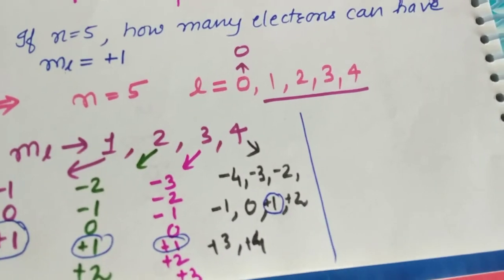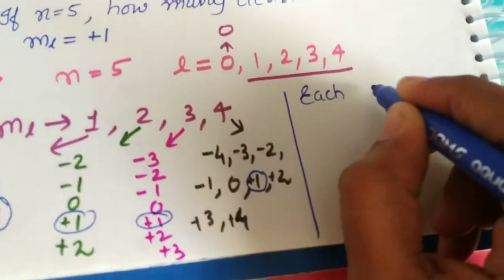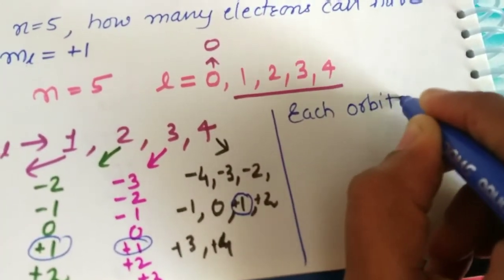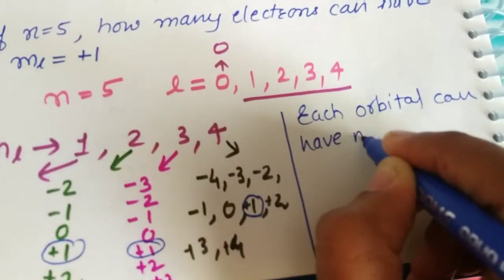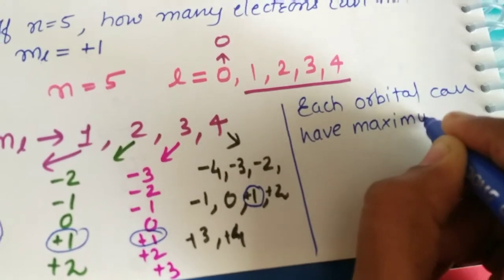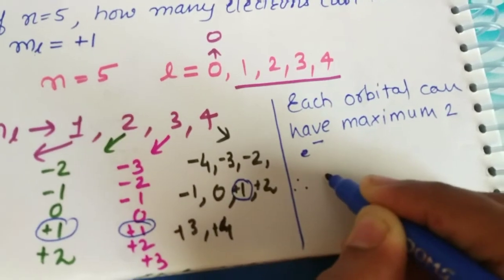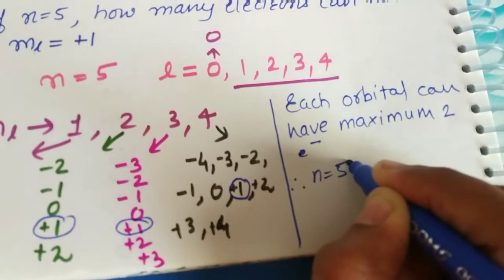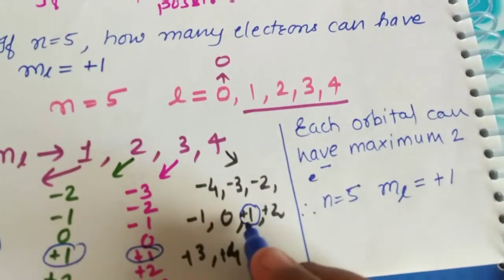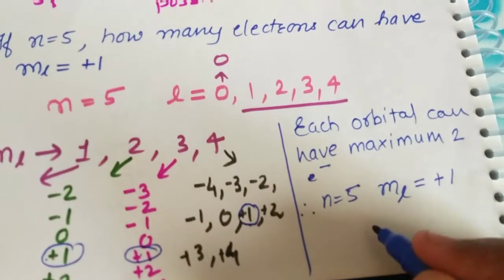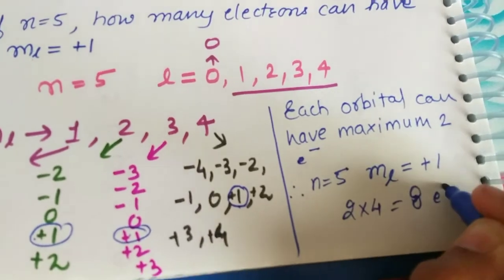As we know that each orbital can have maximum 2 electrons, and hence for n equal to 5, ML equal to 1 will have 1, 2, 3, 4 orbitals, and hence it is 2 into 4 is equal to 8 electrons.